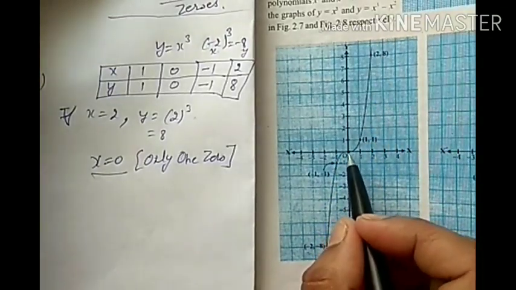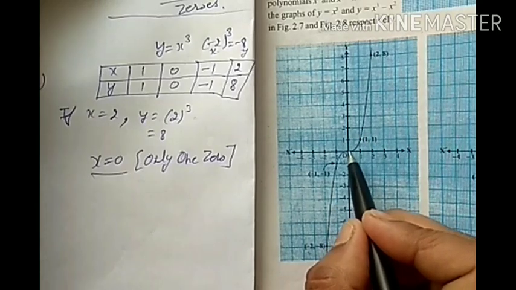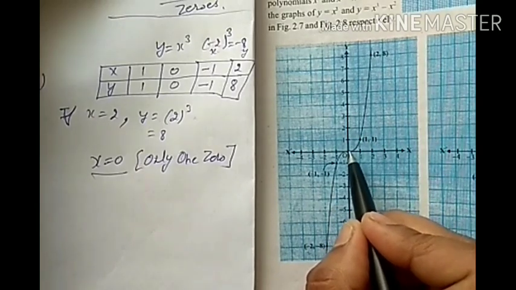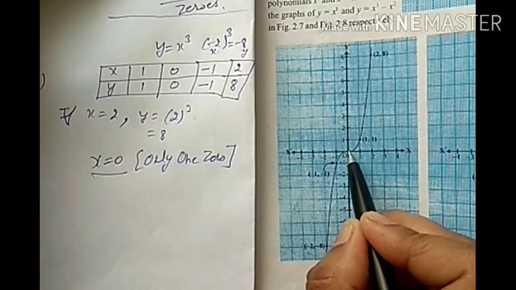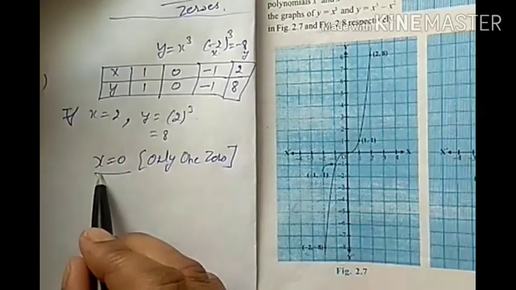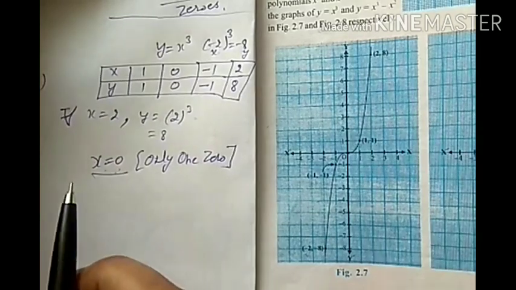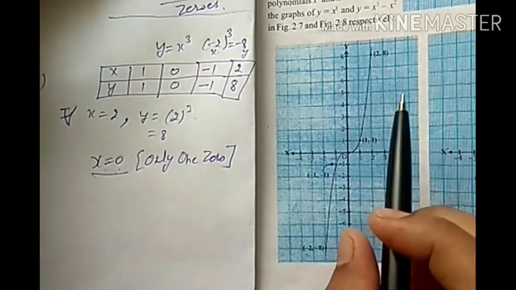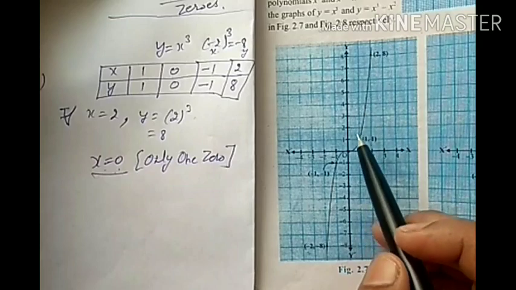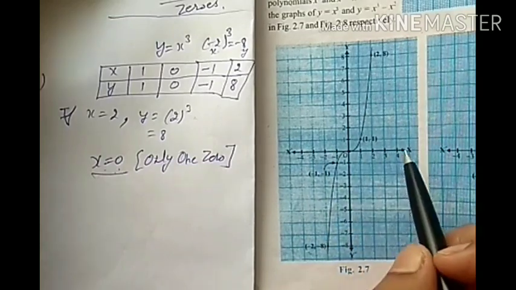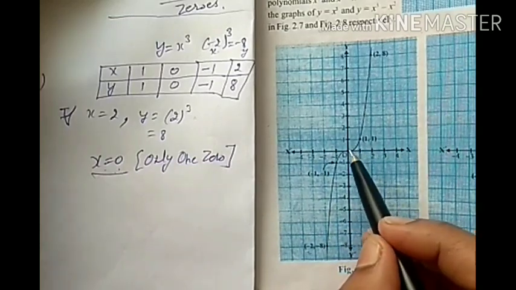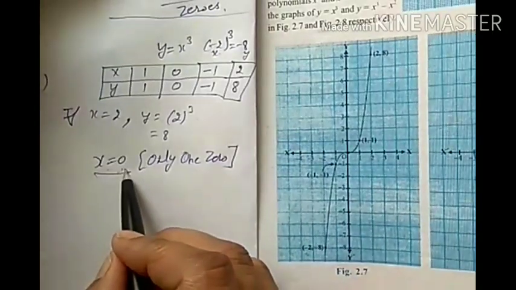Now look carefully. This graph intersects the x-axis at only one point, and that is x is equal to 0, and our zero is x is equal to 0. So clearly we can say that the graph of a polynomial touches the x-axis at the value of zero.